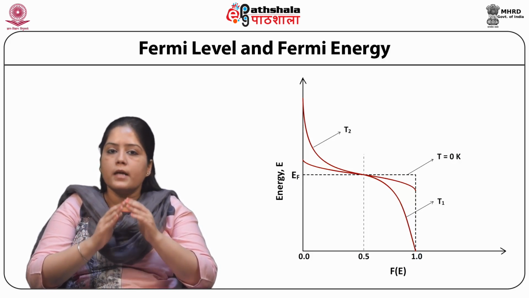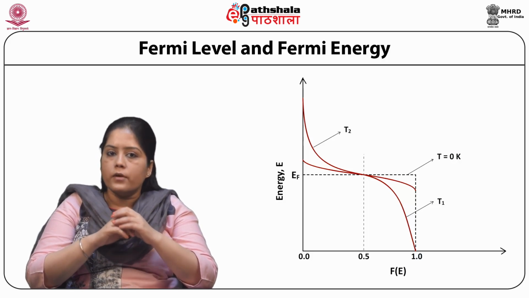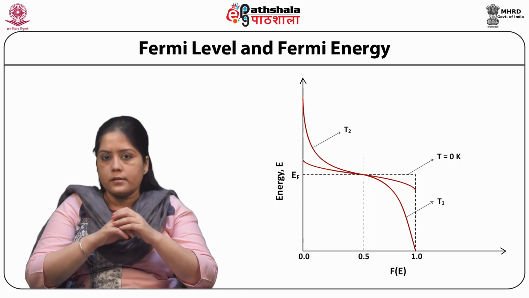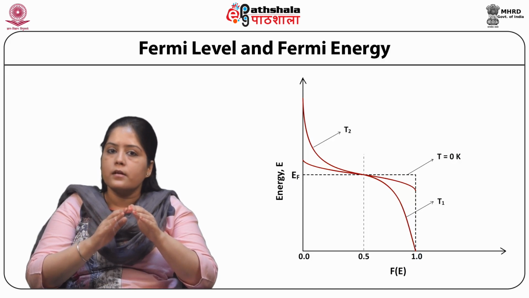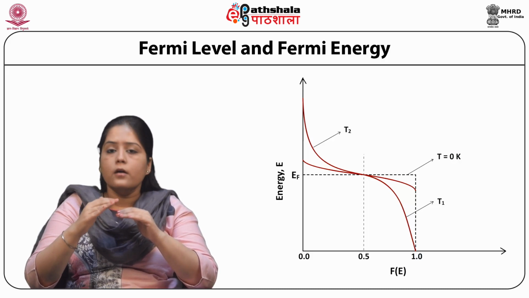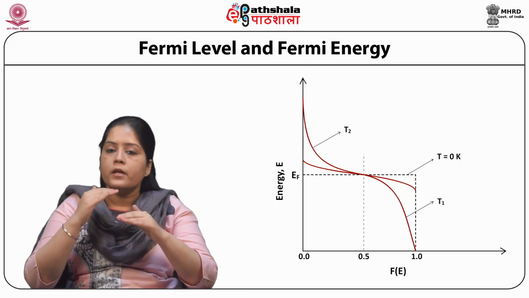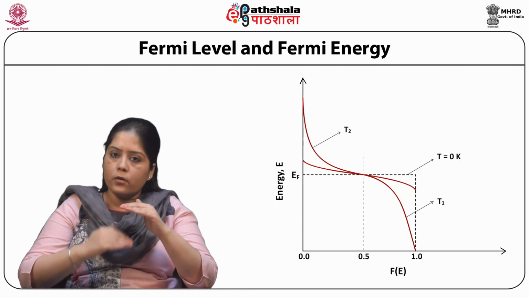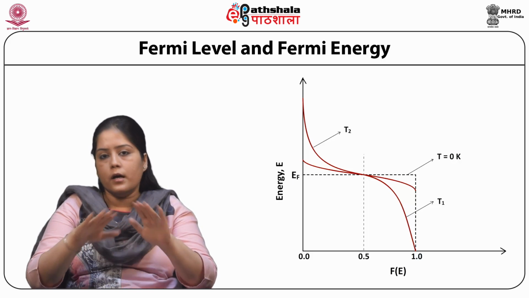The Fermi-Dirac distribution function versus the energy states is shown in the figure, and the energy states above EF have the probability of being occupied by the electrons, whereas those below EF are likely to be unoccupied.